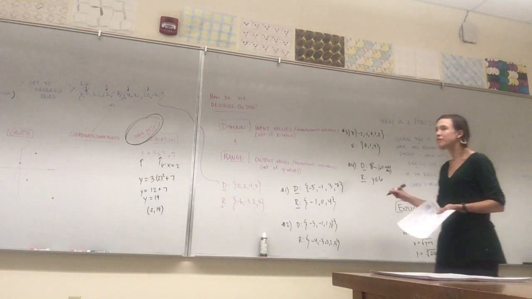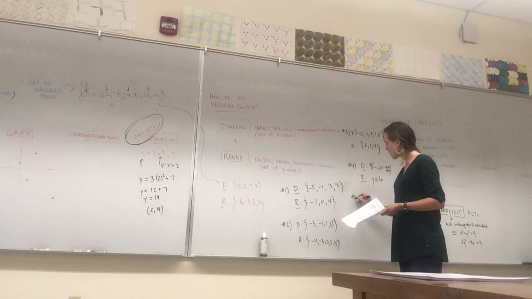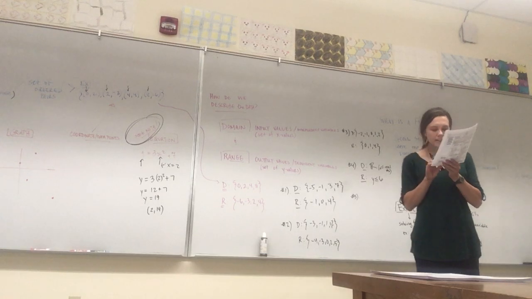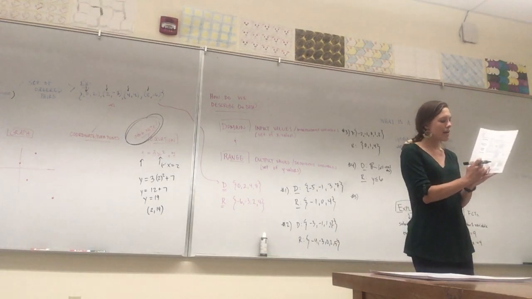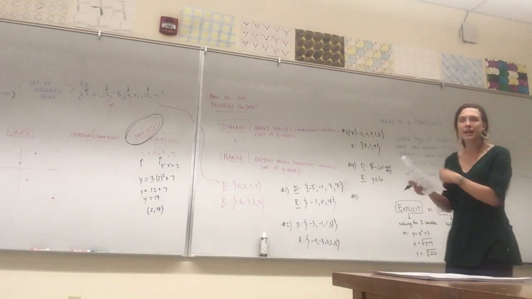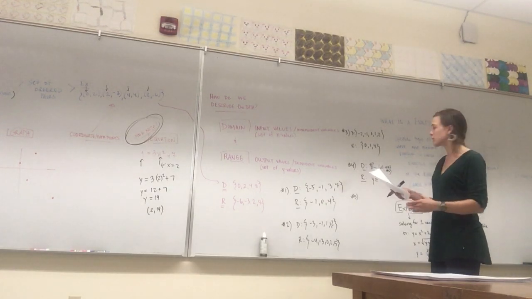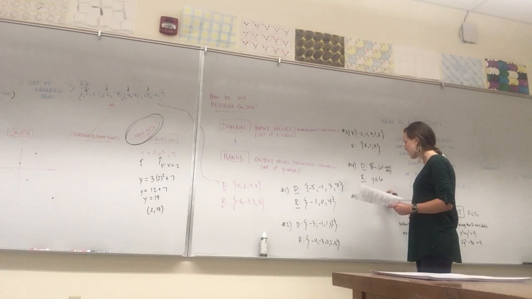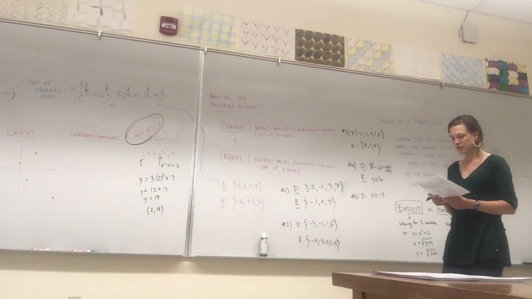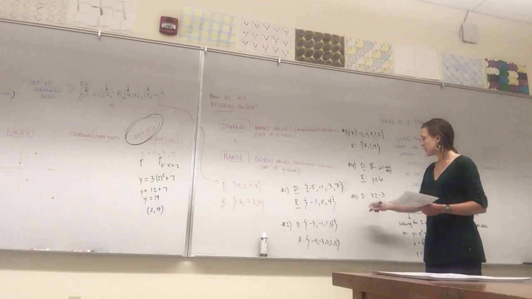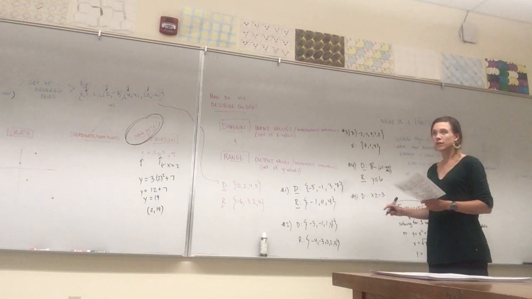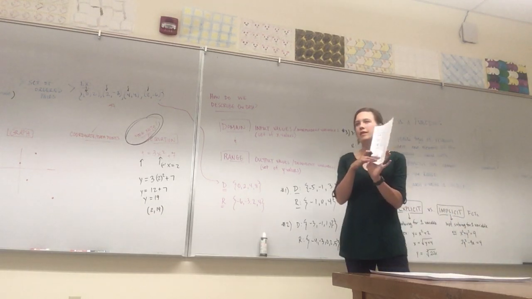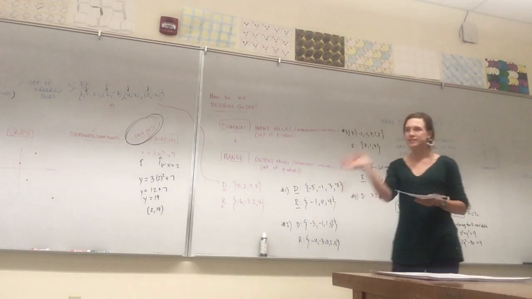So if I look at number 5, I can see that beyond -3 in the negative direction there are no x values included. So my domain here would be x is greater than or equal to -3, because I do not have any x's in the negative direction past -3.